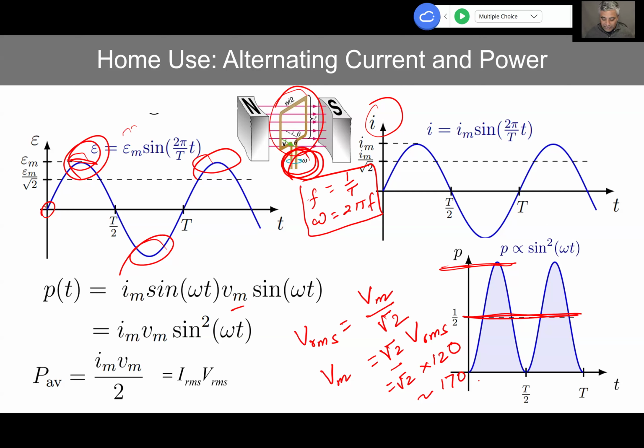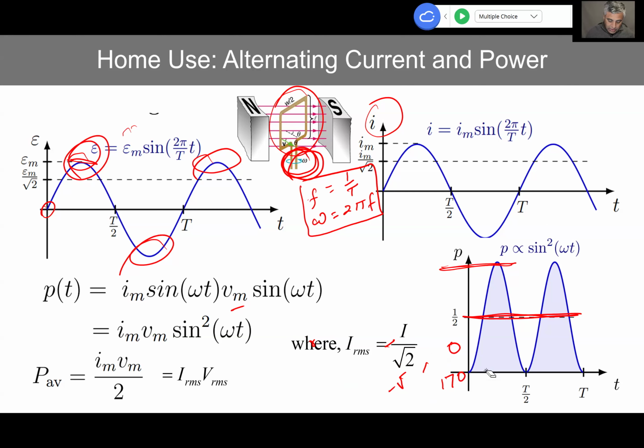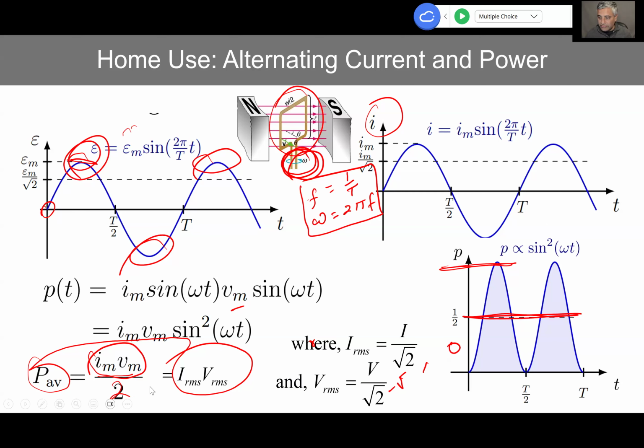Anyway, that's the AC, and those are the RMS values. Average power can be found just by multiplying these. But if you are multiplying the peak or maximum values, then to find the average, you need to divide by 2. That's how it works, folks.